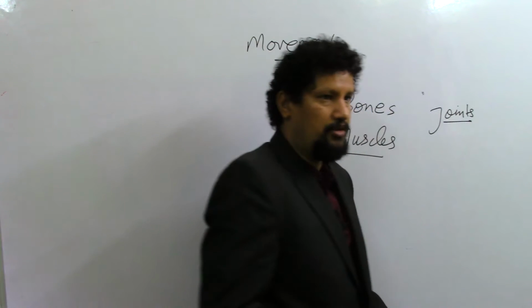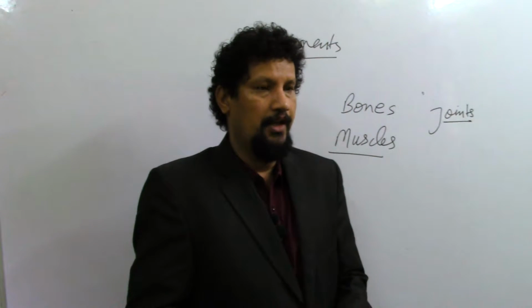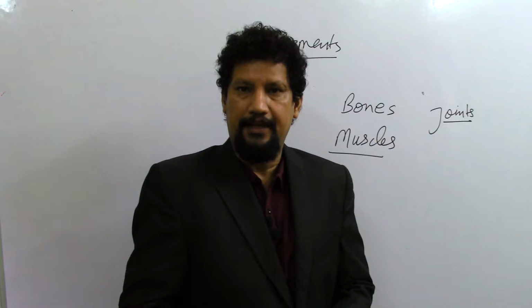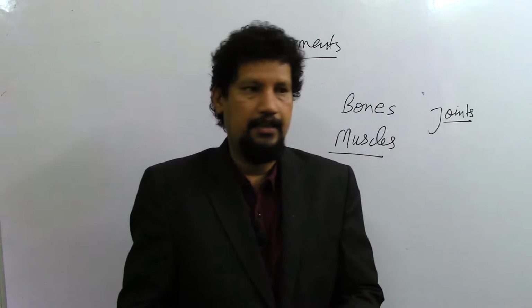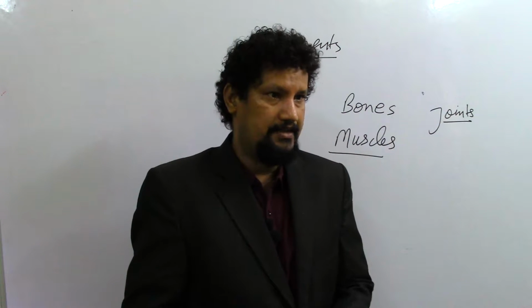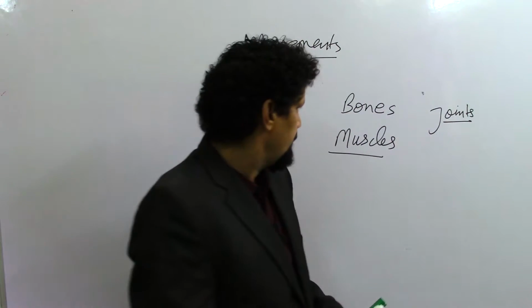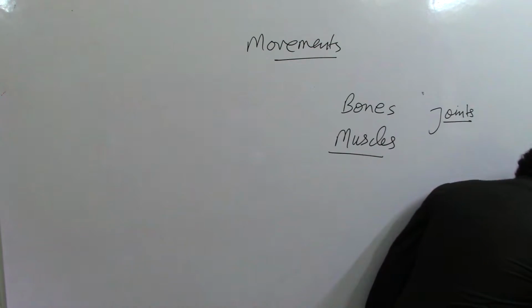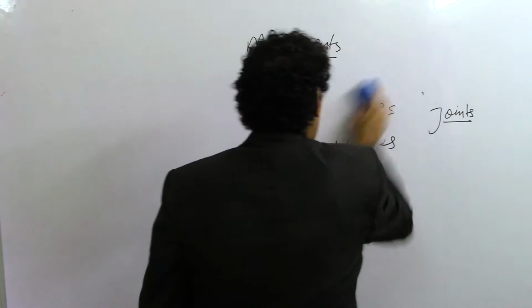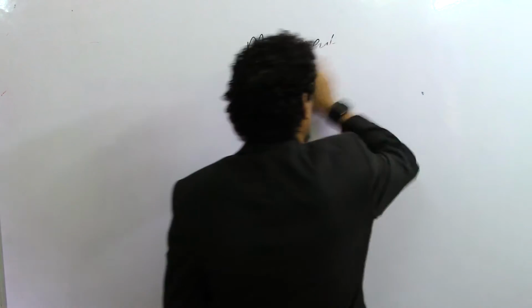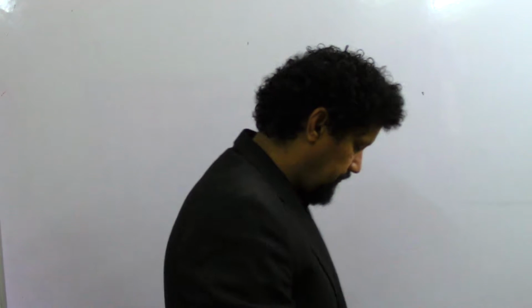There are different types of joints in the human body, which I will talk about in a separate lecture. In this lecture, I will talk about the movements of the human body. There are some basic movements and some special movements. First of all, I will talk about the basic movements of the body.